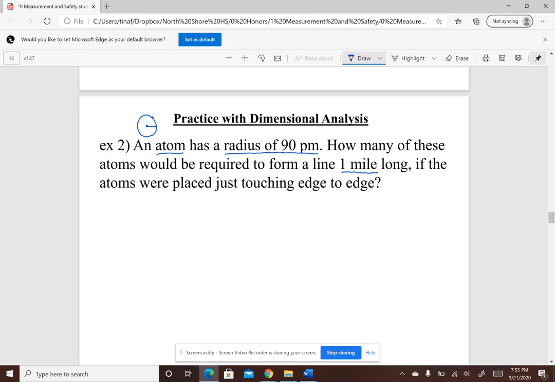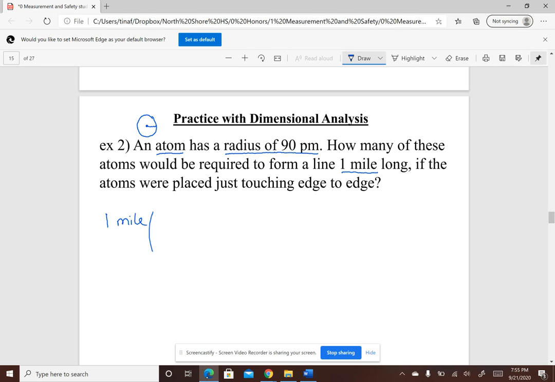Okay, so the first thing I always want to do, and this is always going to be the same, is to write what I'm given, which is 1 mile. Now because they gave me the radius of the atom in picometers, I want to convert the length of a mile to picometers.